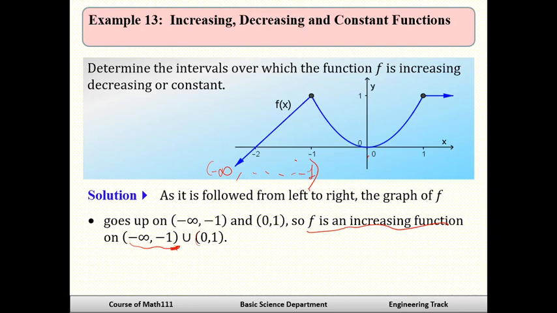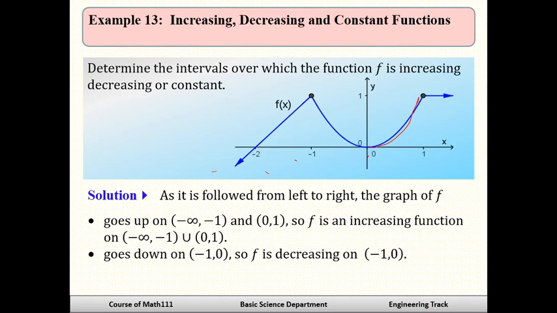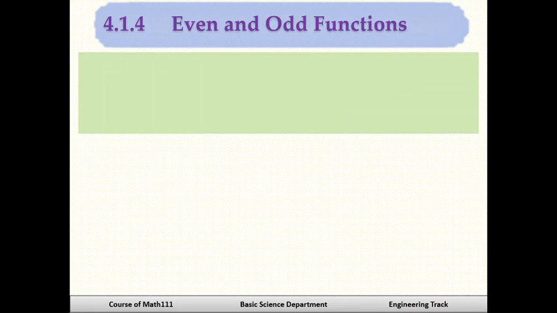And the other increasing part is here, so we say union 0 to 1. So these are the intervals f is increasing on. And the other one here is -1 to 0, so it's decreasing. And for the constant function, it's 2 to infinity.